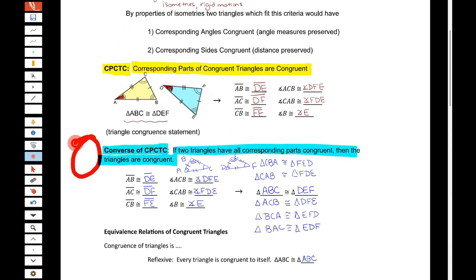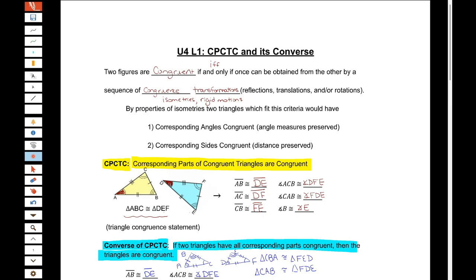But this converse one, we're not going to use very much because in our coming lessons, we will learn shortcuts for proving triangles congruent with some different theorems. So you will only have to use converse of CPCTC just a little bit, and then we get to throw it out the window and learn some shortcuts that you're going to come to appreciate.